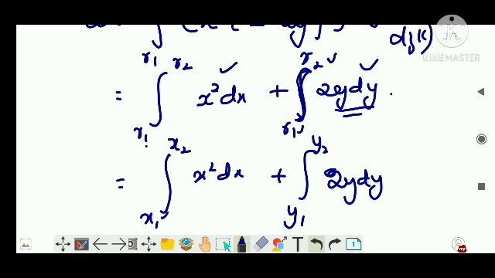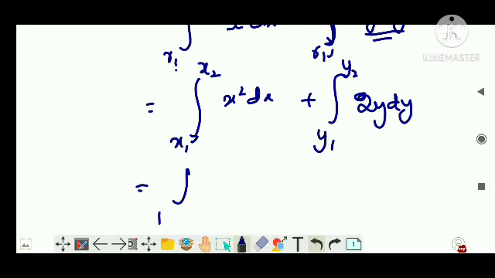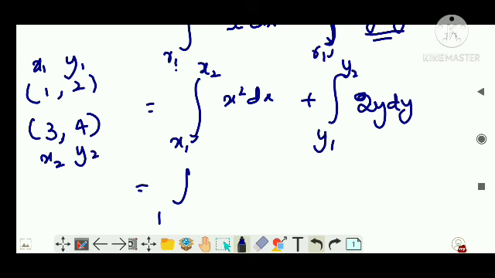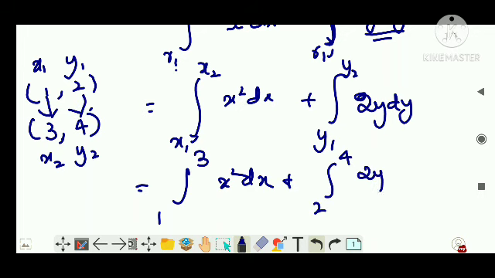You are finding variation from x lower limit to x upper limit. This is the way. All the points, remember, 1 and 2, and there is 3 and 4, right? So this is your x1, y1, this is x2, y2. So x displacement is from 1 to 3, x squared dx, plus y's displacement is from 2 to 4, 2y dy.